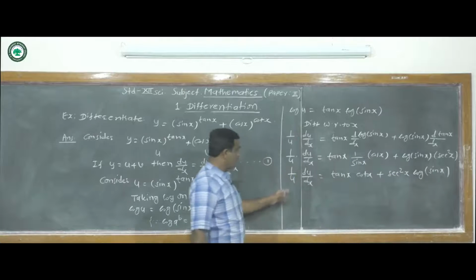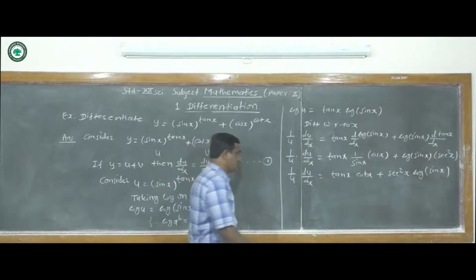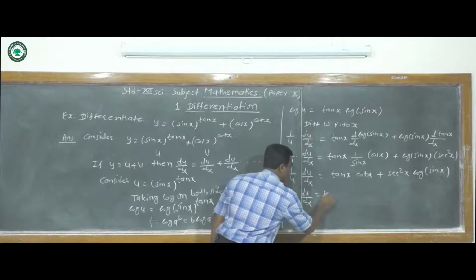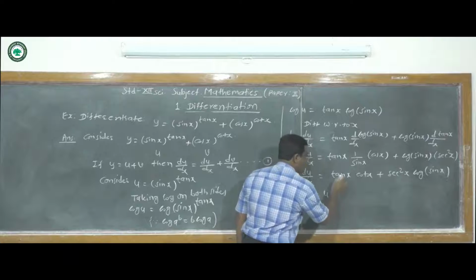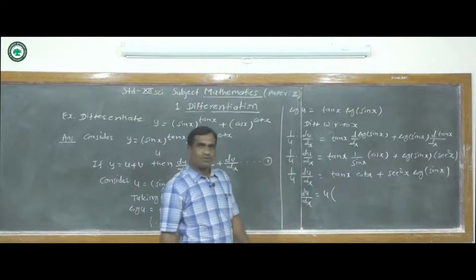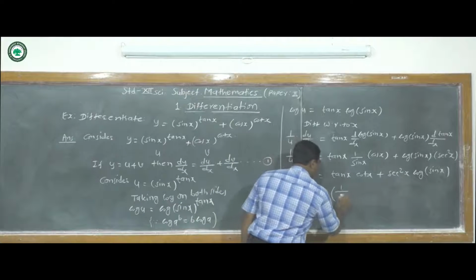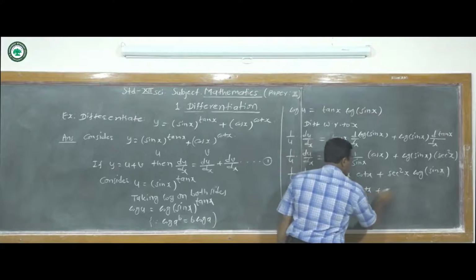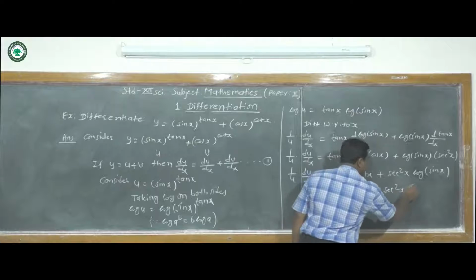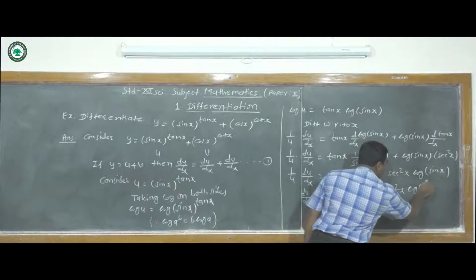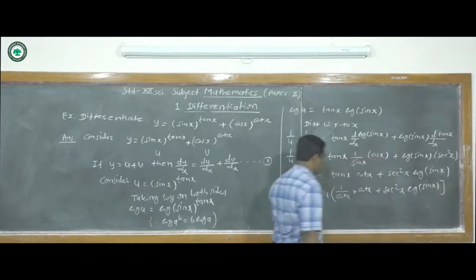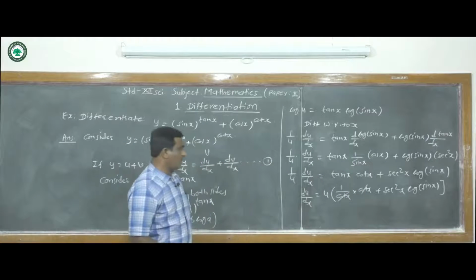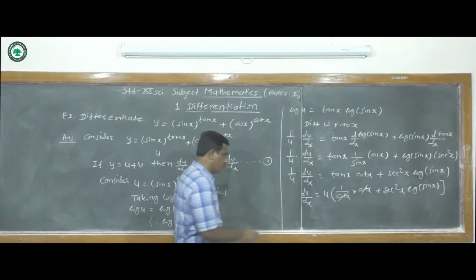Now we can take this 1 upon u to the other side. The equation becomes du by dx equals u into, in bracket, tan x which means 1 upon cot x, 1 upon cot x into cot x plus sec square x into log of sin x. Here cot x upon cot x cancels out and we put the value of u.